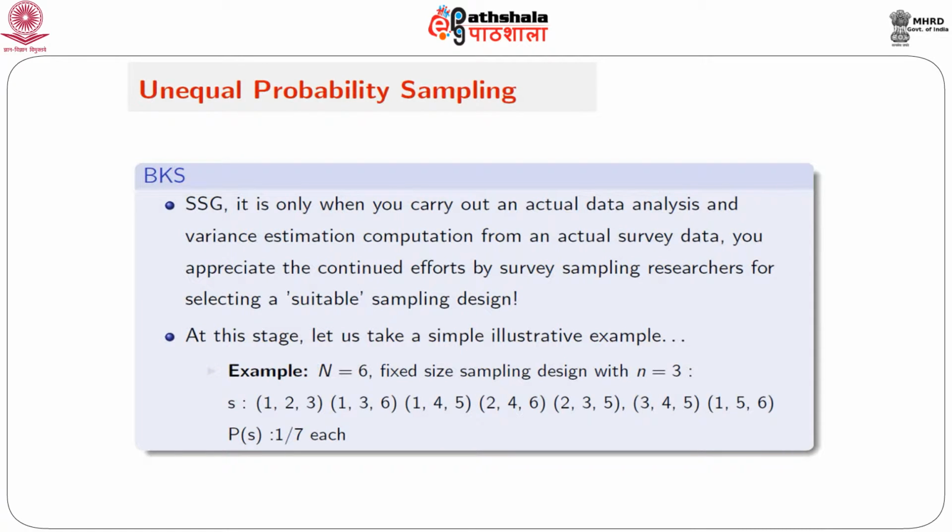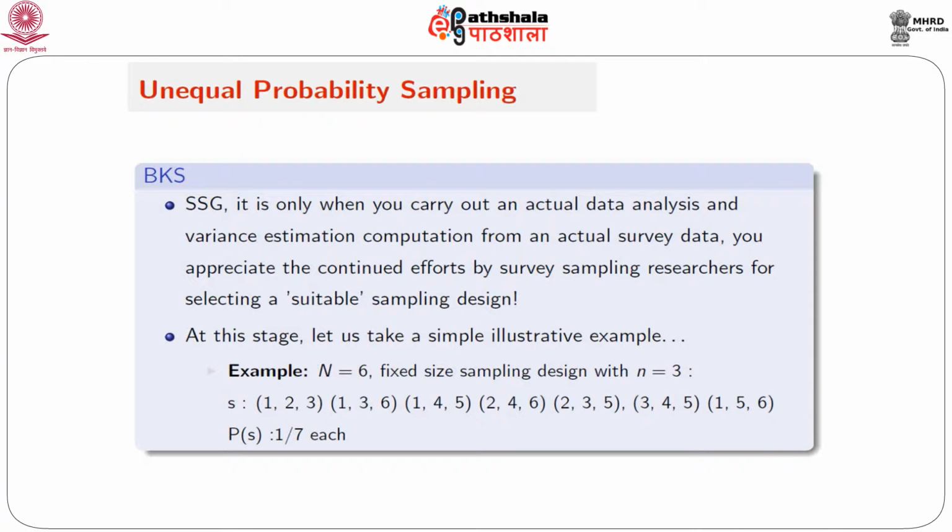Okay, Gupta, it is only when you carry out an actual data analysis and variance estimation computation from actual survey data that you appreciate the continued efforts by survey sampling researchers for selecting a suitable sampling design. At this stage, let us take a very simple illustrative example.